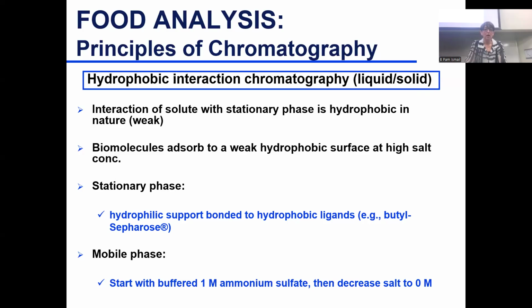So hydrophobic interaction chromatography is a form of adsorption chromatography, and that's why I moved slides a little bit. So like we said, reverse phase with the C18 is an adsorption chromatography. Here, it's also an adsorption chromatography, but instead of reversed phase, it's a specific hydrophobic interaction.